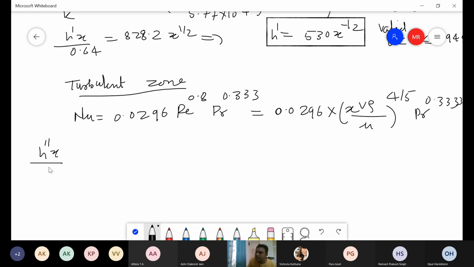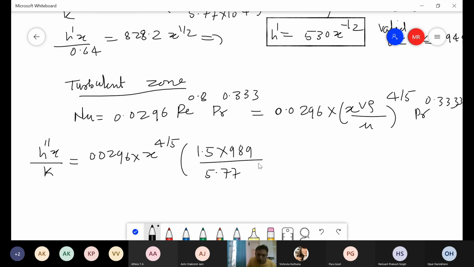We can further simplify this as h'' x, where h'' is nothing but the local heat transfer coefficient in the turbulent zone, divided by k, and that equals 0.0296 into x raised to the power 4/5. Here I can put the value 1.5 into 989 divided by 5.77 into 10 raised to the power minus 4, and this is again to the power 0.8. Prandtl number is 3.77 raised to the power 0.333.